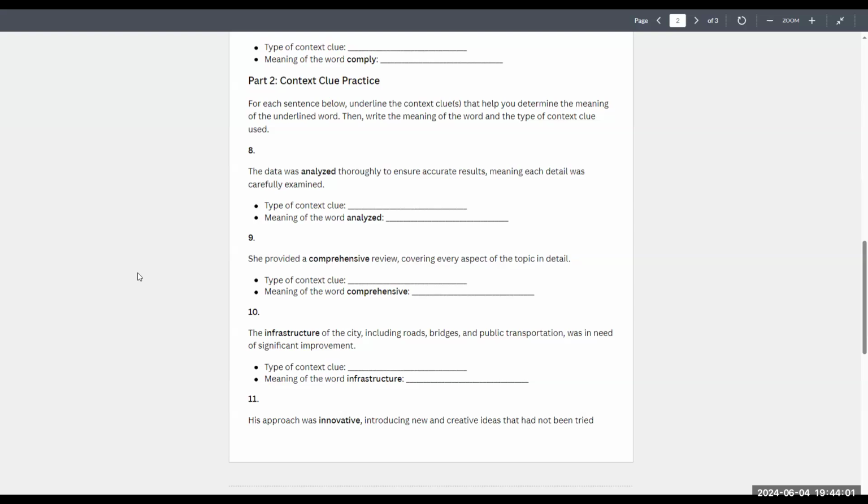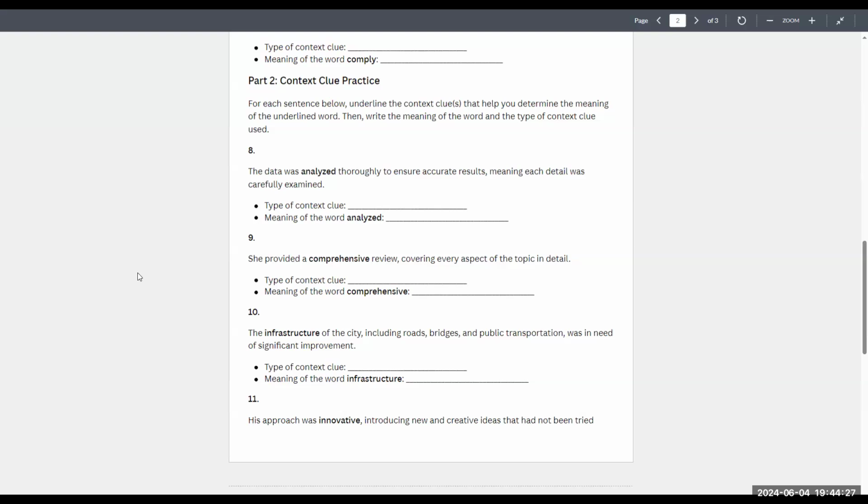So they'll tell you what it is, and then they say it in a different way. If this was a definition, it would be: the data was analyzed, that is, the details were carefully examined thoroughly to ensure accurate results. Okay, so that would kind of be it.